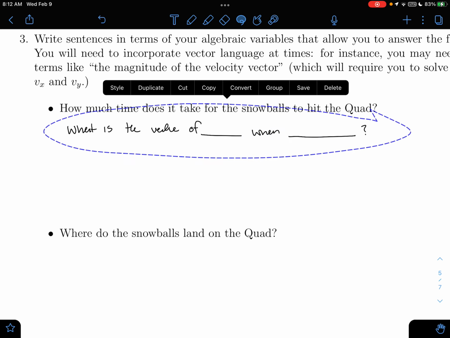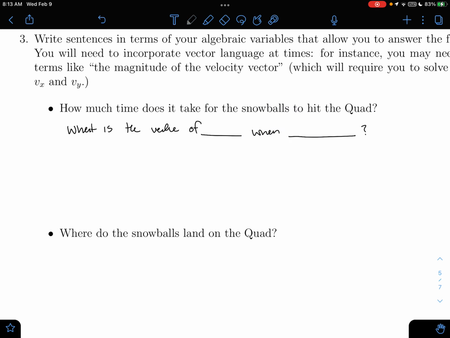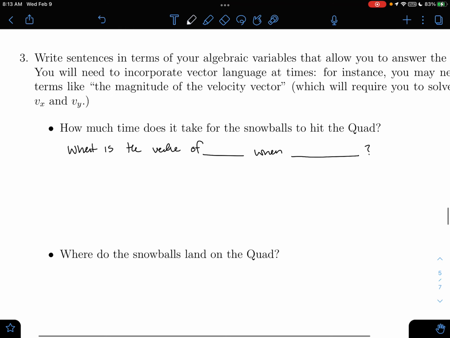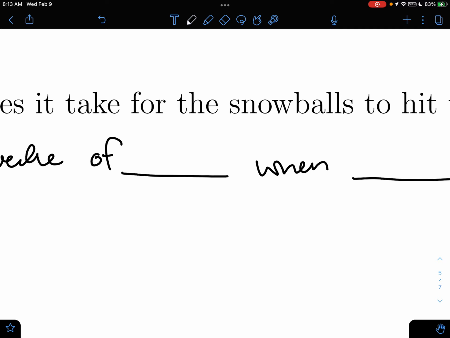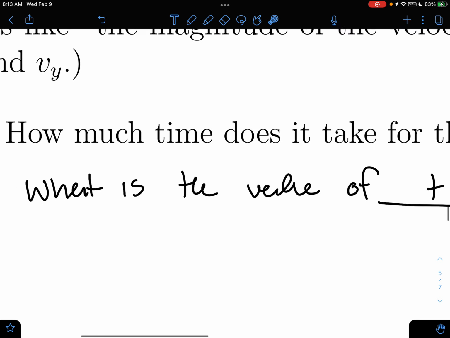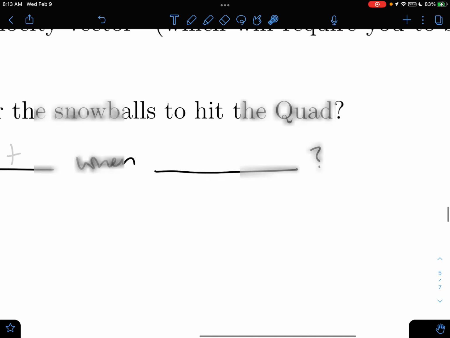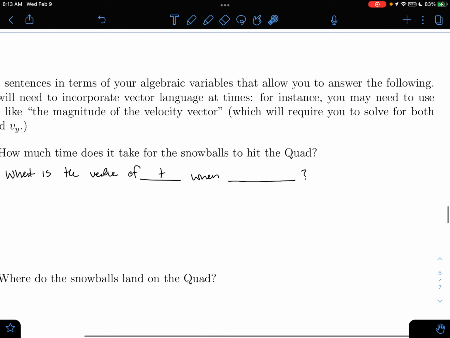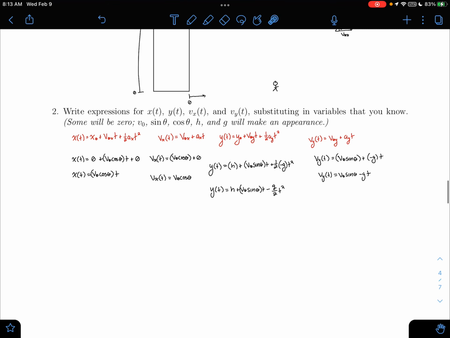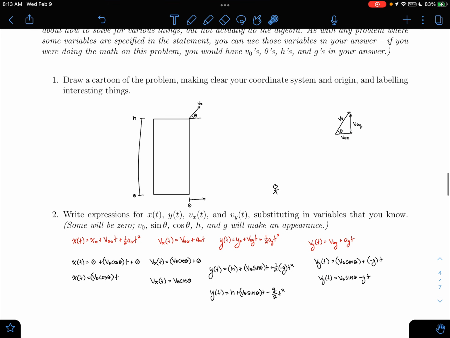Ooh, I meant to copy that, not duplicate it. Sorry. So how much time does it take for the snowballs to hit the quad? So what is the value of time is what the question is asking for. What is the value of t when what is true? How do we know that we have hit the quad? How do we know that we have gotten to our end result?